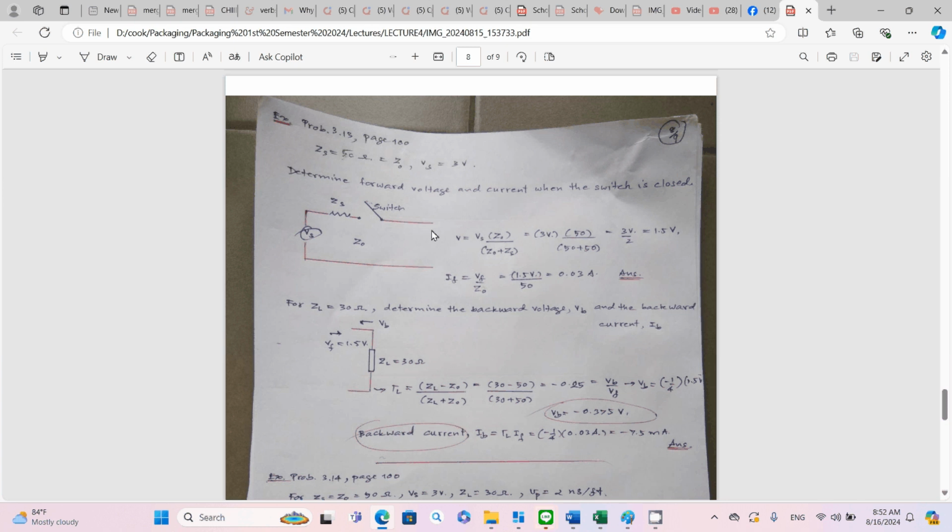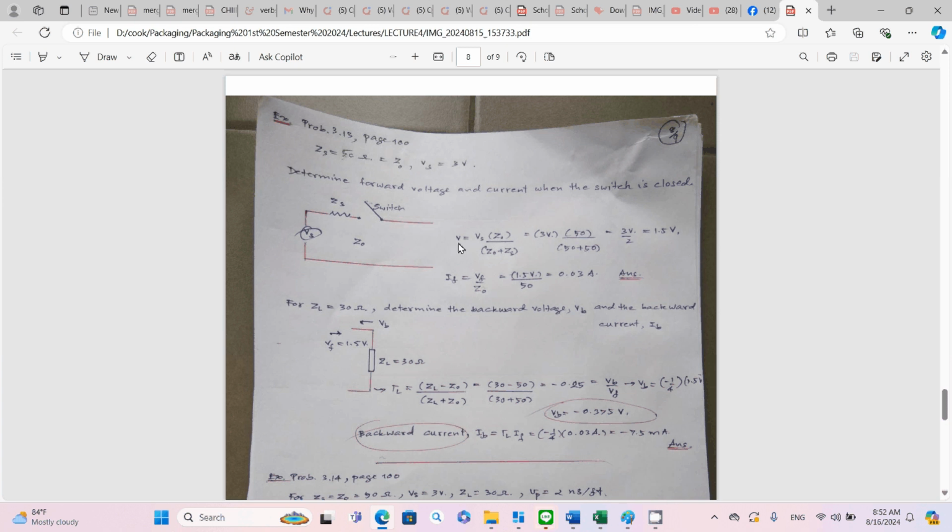The first thing you need to do is a voltage divider to see what the input voltage into the transmission line is. This is only the voltage source, so you need to consider what the input voltage through the transmission line is.